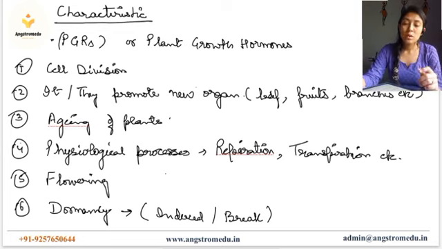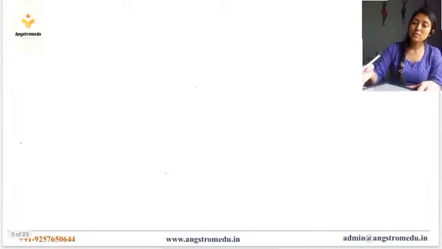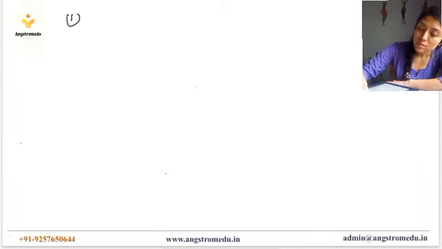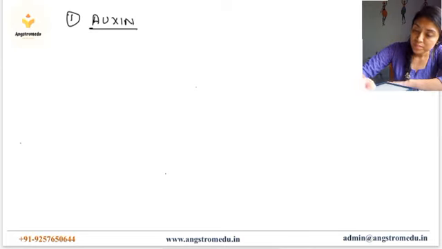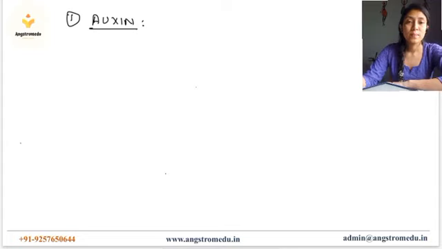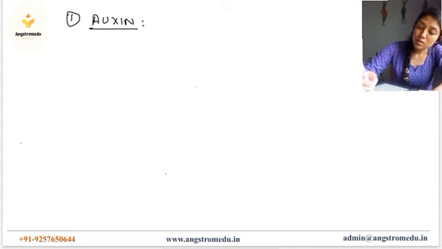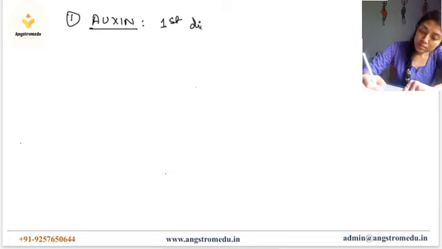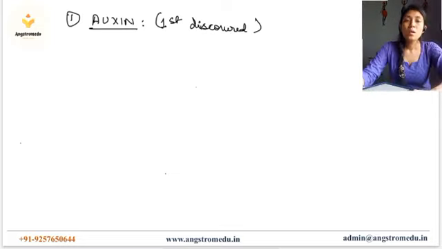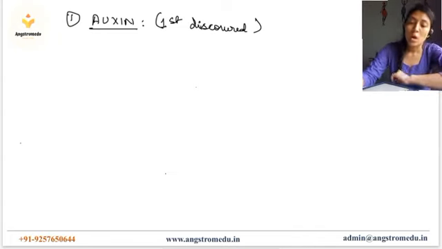So we'll be talking one by one about all these factors. First PGR is your auxin. Okay, so auxin was the first PGR that was discovered. After the discovery of auxin, later on other PGRs got discovered. So auxin holds the first position.